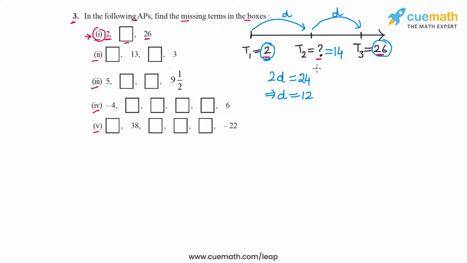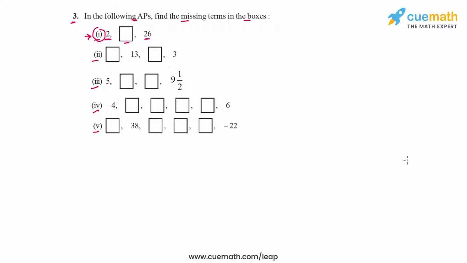Now the same solution can be done algebraically also. So let's do that. Let's say A is the first term. So A is 2 and the third term is 26. Let's say D is the common difference. So D is what we have to find. We can write T3 is A plus (N minus 1)D.